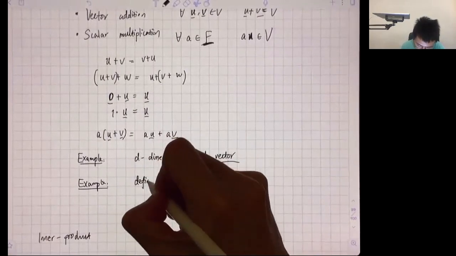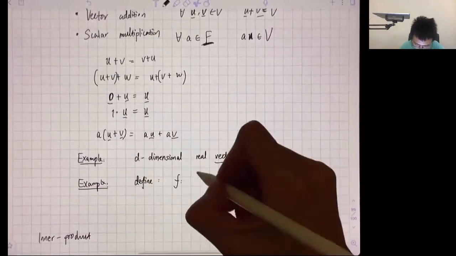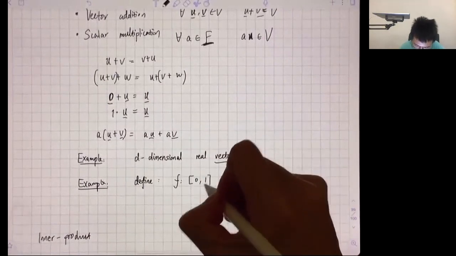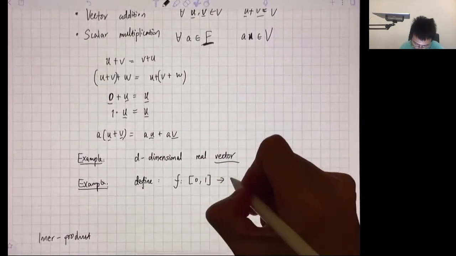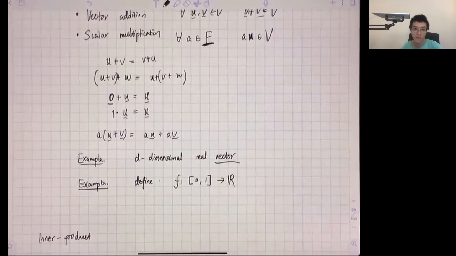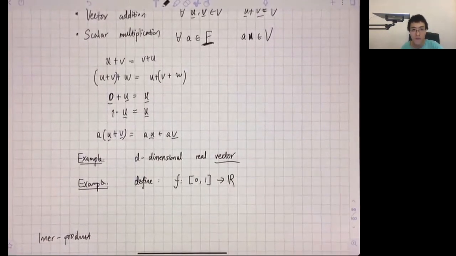Define a function f from maybe 0 to 1, okay, to a real number. So I have a function from 0 to 1, and it turns out that it's also a vector space.